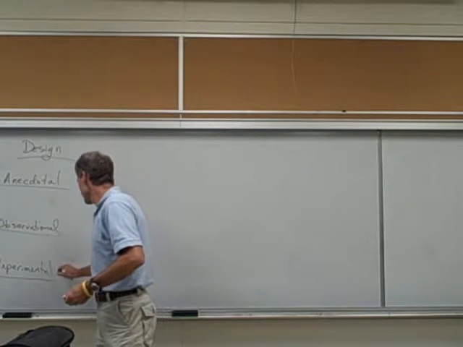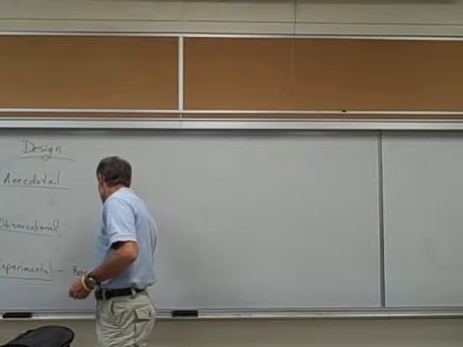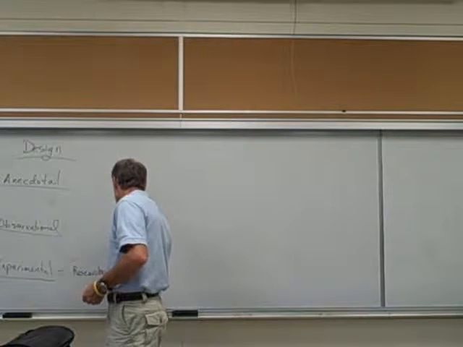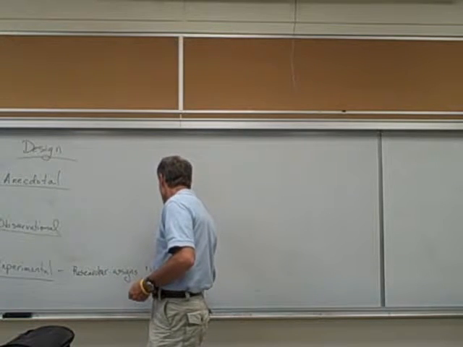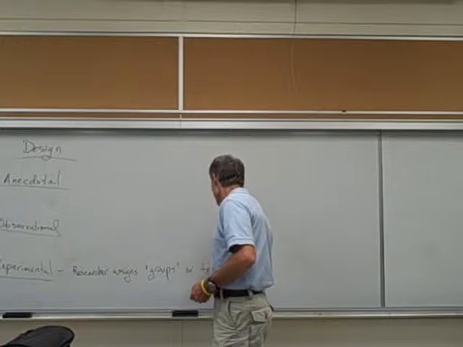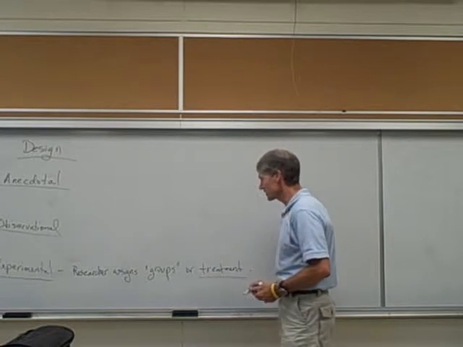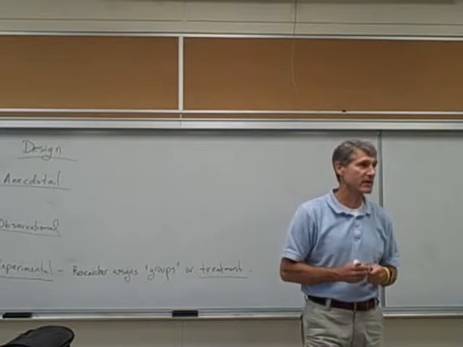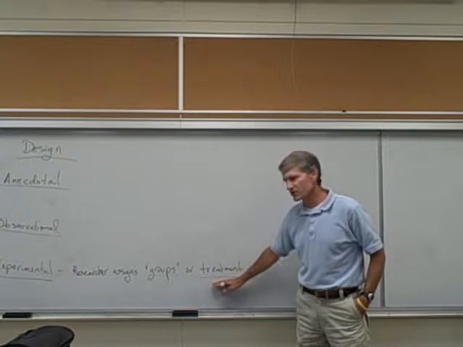Experimental, the researcher assigns, I'll put it in quotes, groups or treatments. Now the word treatment comes from the medical field, but it's commonly used in statistics. It doesn't necessarily mean that you're giving some kind of treatment, but it's kind of a generic word.